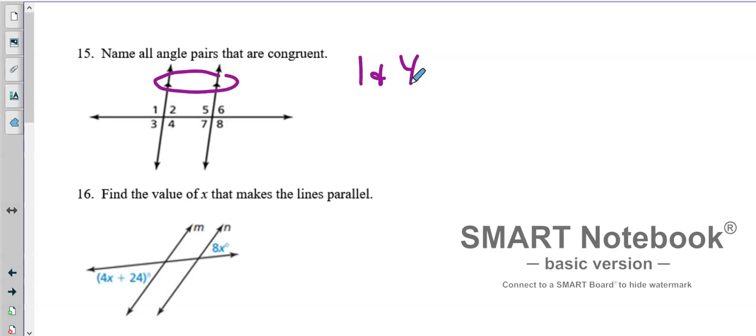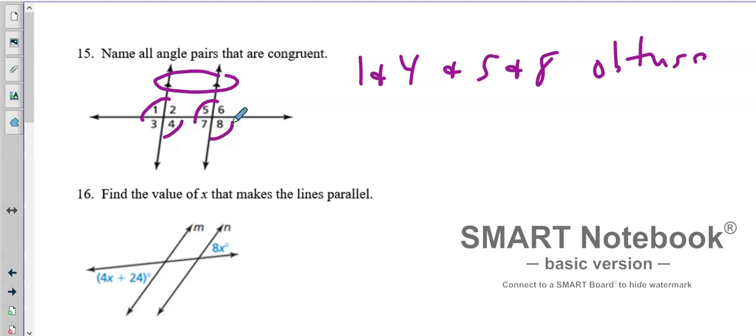But knowing that we have parallel lines, remember, we also have corresponding angles. So 1 and 5 are congruent. And 5 and 8 are congruent. So actually, 1, 4, 5, and 8, hint, hint, all the obtuse angles are all congruent to each other. 1, 4, 5, and 8. All 4 of those angles are congruent.